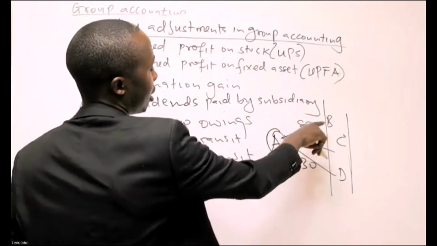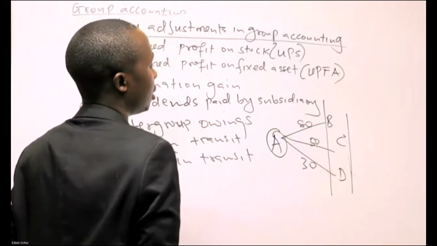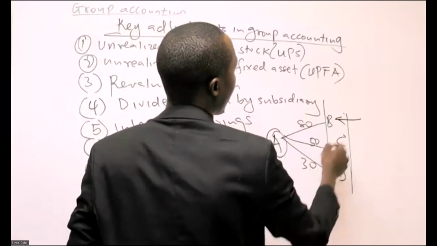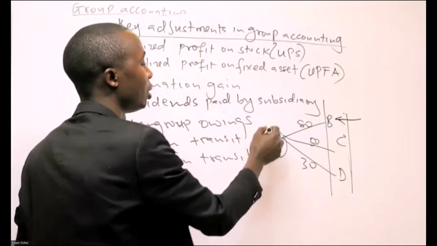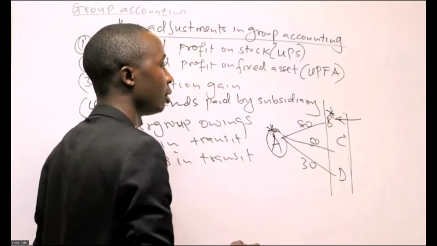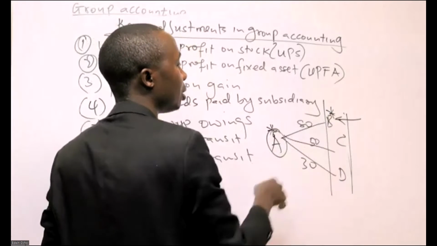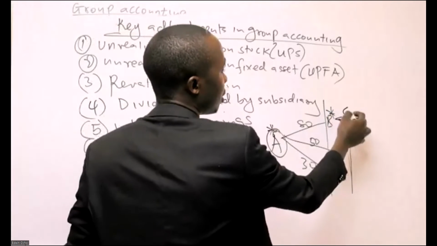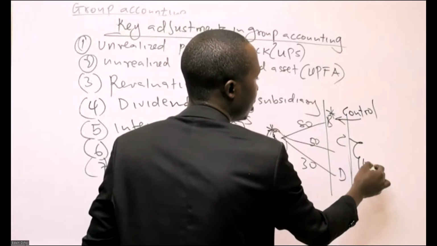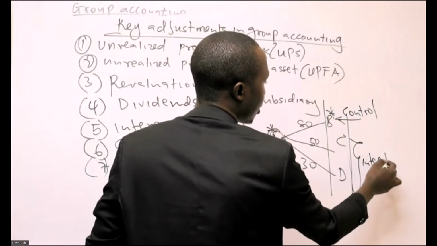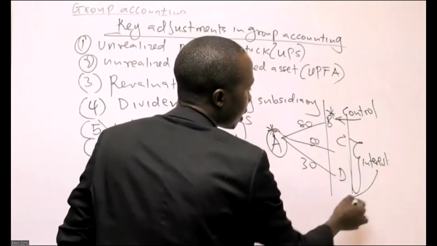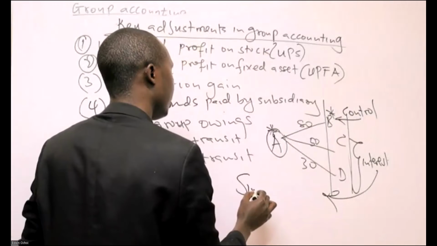A was transacting with B, C, and D, but the adjustments will only be made when the transactions occur between A and B, because A controls B. That is where there is control. In C and D, it's just an interest, not a control. We call this interest significant influence.